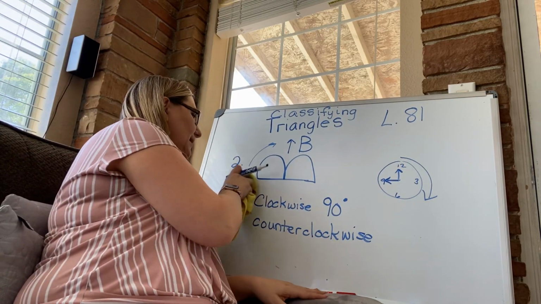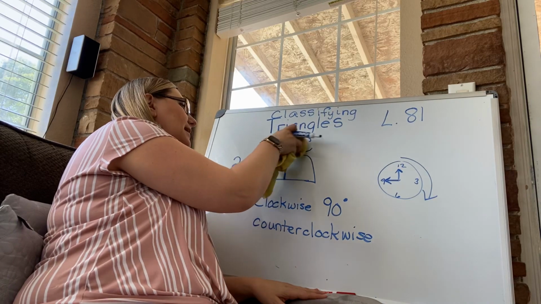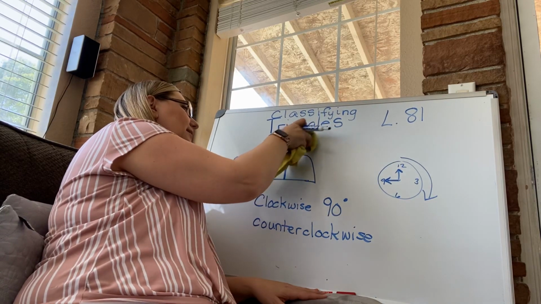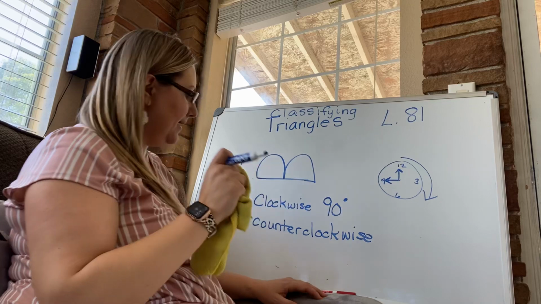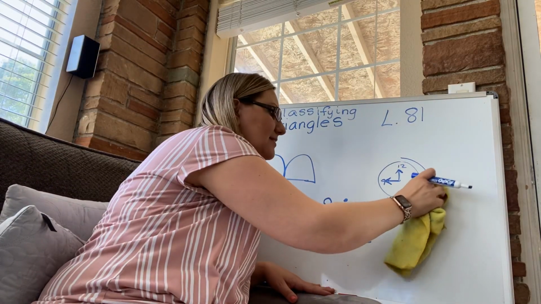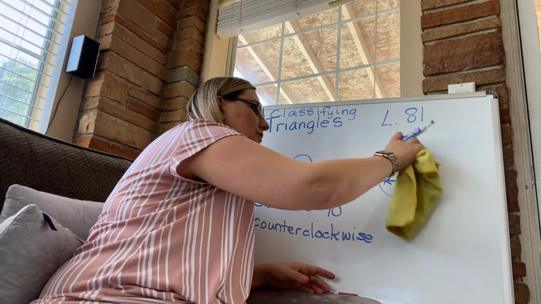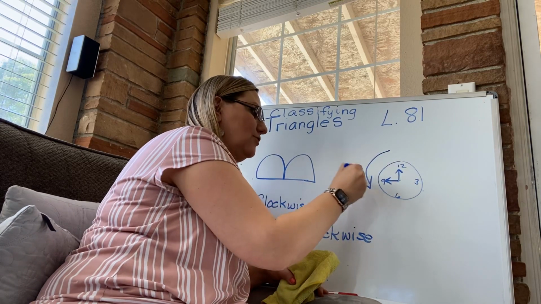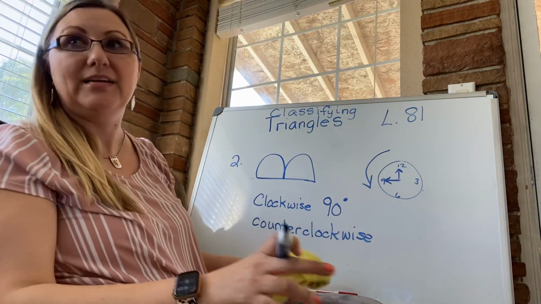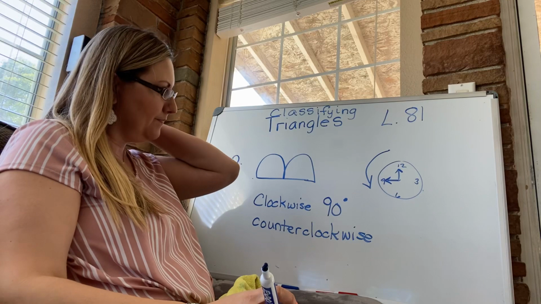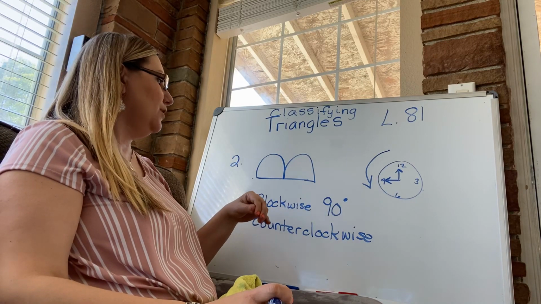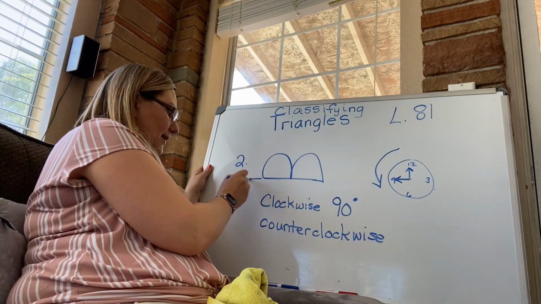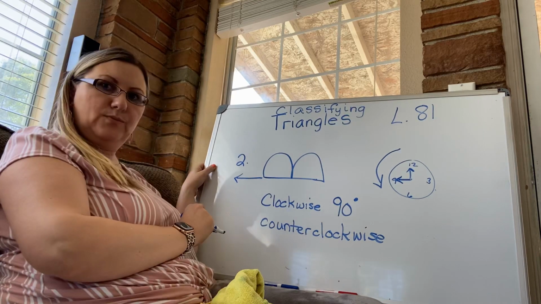Let's go back to our B. Let's now draw it again without all of this. Okay, now we are not going in this direction anymore. We are going to go counterclockwise. Counter means against, so against the normal path of a clock. And so if we were to turn this B, right now it's turning this way.